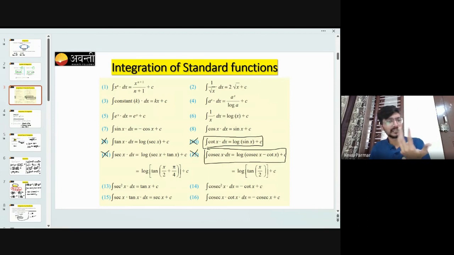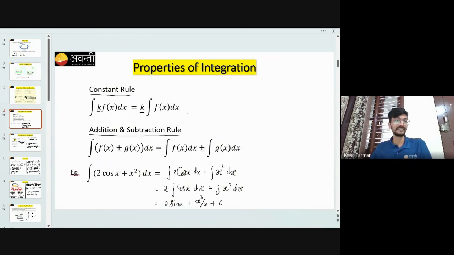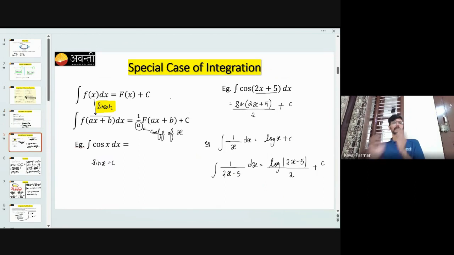Then we saw the standard formulas. These formulas come from derivatives, so if I read the formula of derivative in reverse, from right to left, I will get the formula of integration. Then we did some rules or properties, which were the constant rule and the addition and subtraction rule. After that, we looked at some questions.